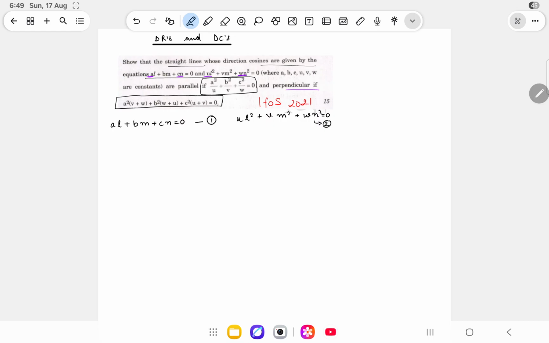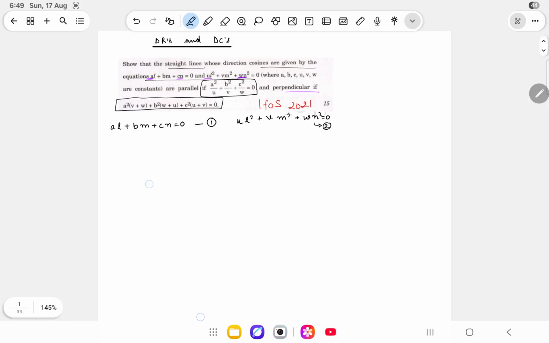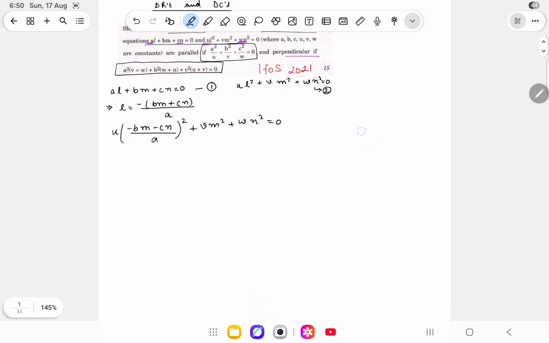Let us reduce this equation into two variables to find out any relation. Let us substitute the value of L in this equation. From equation 1 I got L as minus (BM plus CN) upon A. Substituting this value of L, we get (minus BM minus CN) whole square upon A square plus VM square plus WN square equals 0.